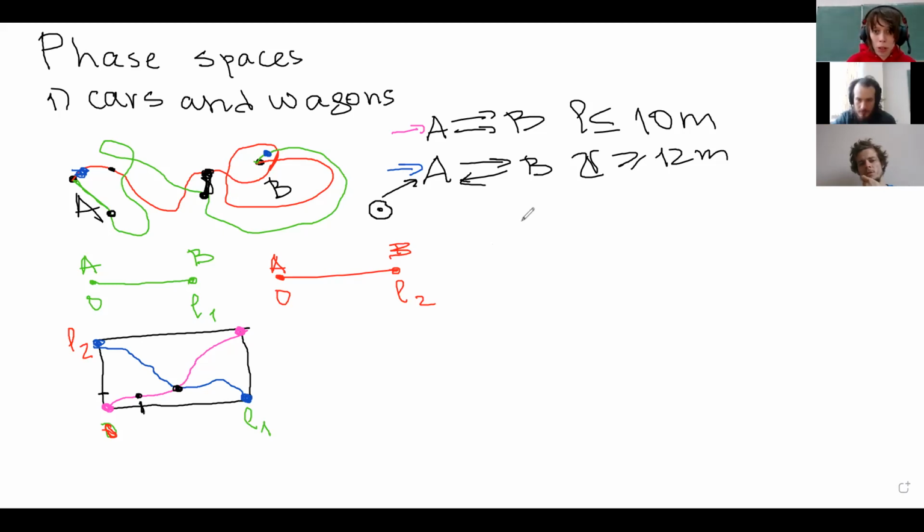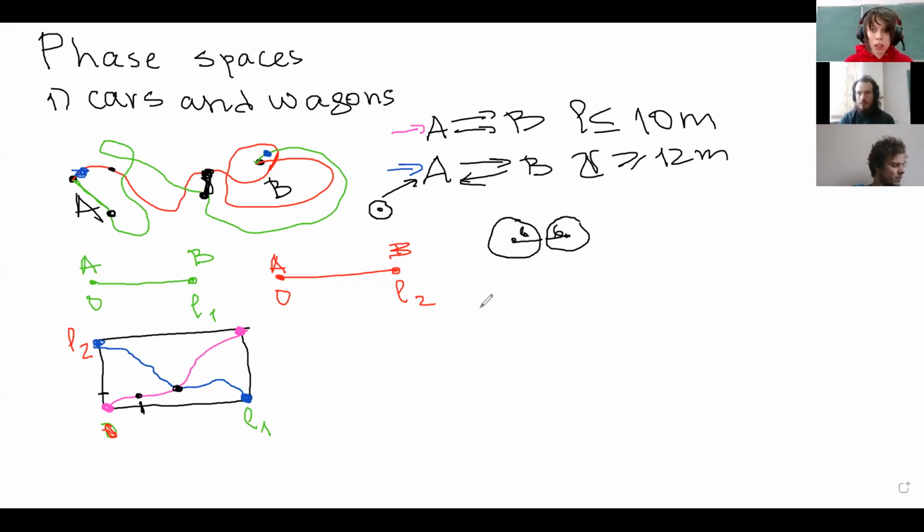So there is no way that two circular wagons with radius 6 meters each can pass over each other. There is 6 meters, there is 6 meters. They will collide definitely.